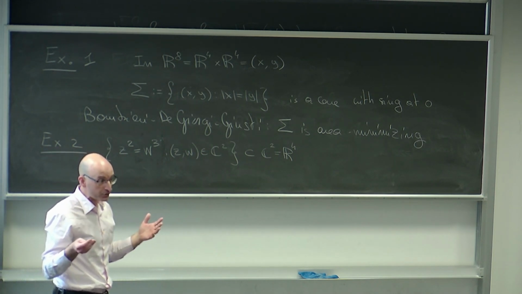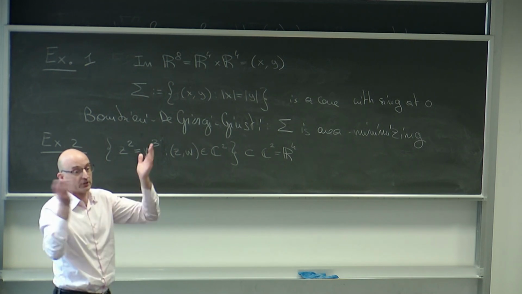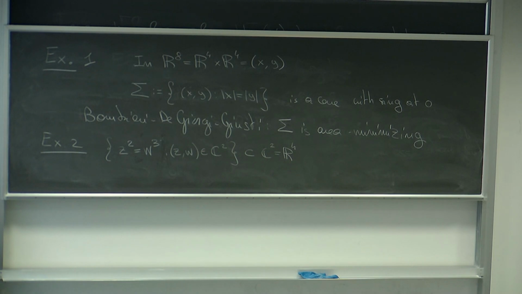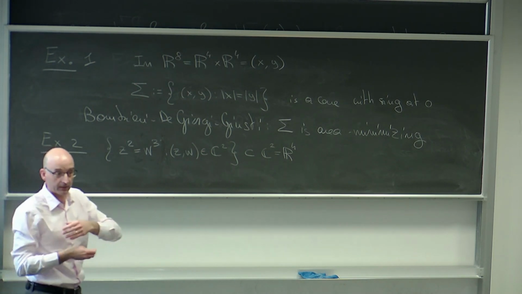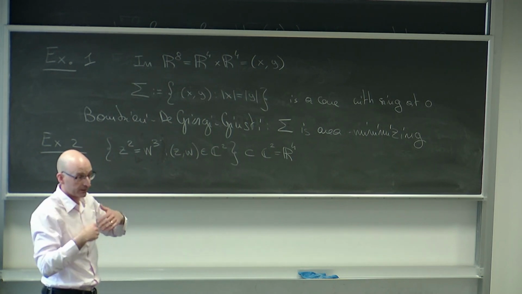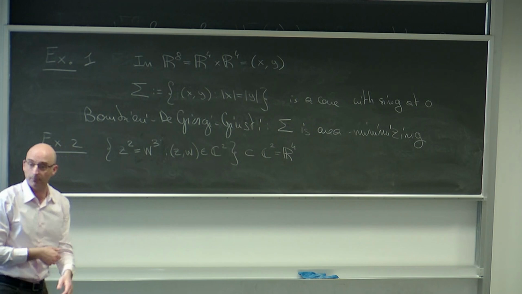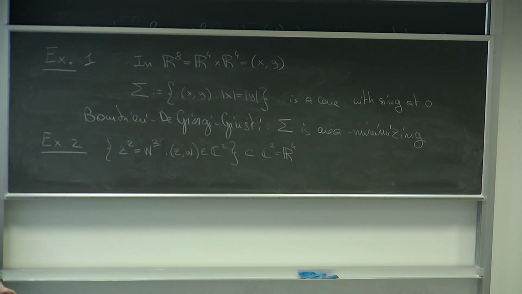examples of minimizers. In particular, if you take algebraic geometry and you take your favorite, I don't know, projective variety, for instance, you will get plenty of homology classes with plenty of representatives which are going to be singular, okay?